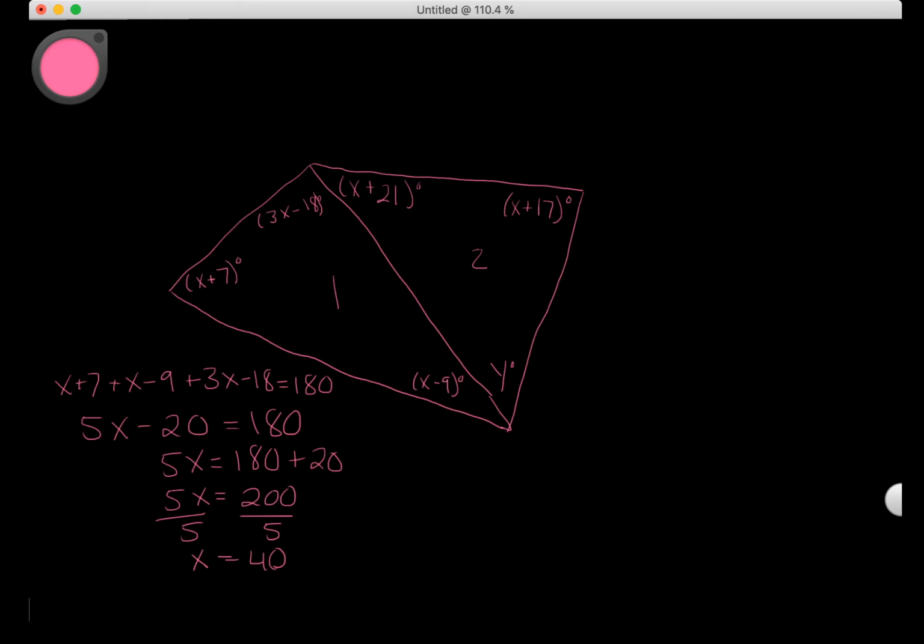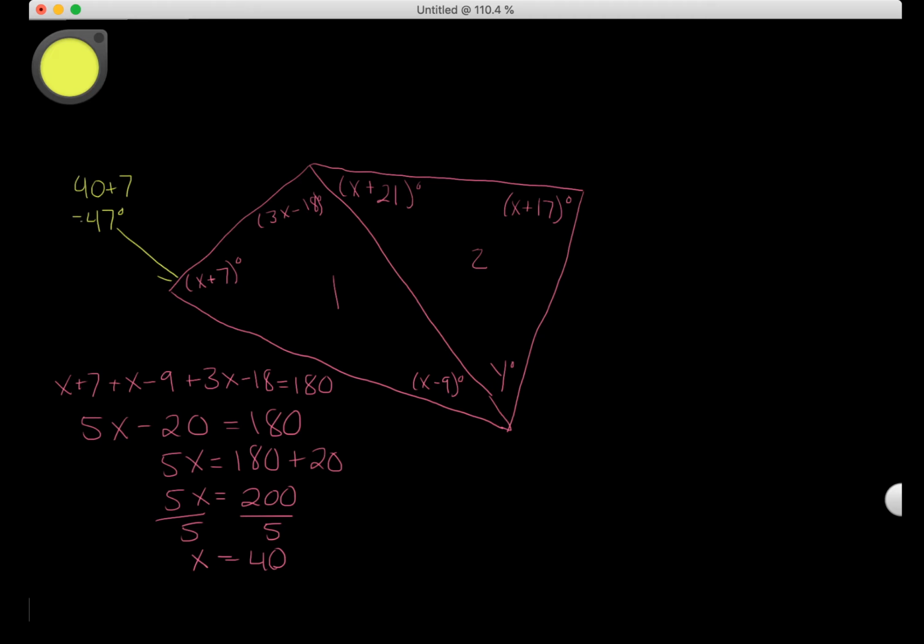Now we can test this out by plugging 40 in for each of our angles. And if they add up to 180, we have done this correctly. So let's see. We want to test this out with x plus 7 as the degrees of this first angle. Well, if x is 40 plus 7 equals 47 degrees right here.